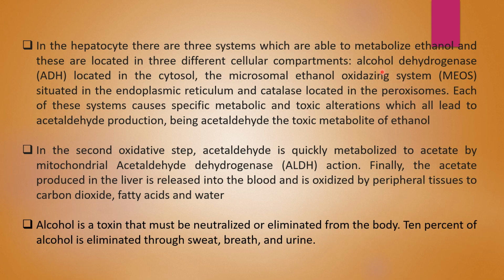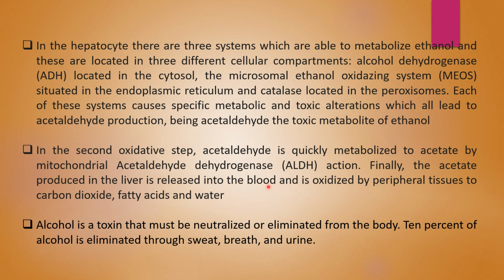In all these three compartments, there is processing of alcohol, and each of these systems causes a specific metabolic and toxic alteration, which all lead to aldehyde production, acetaldehyde being a toxic metabolite of ethanol. In the second oxidative step, the acetaldehyde is quickly metabolized to acetate by mitochondrial acetaldehyde dehydrogenase action.